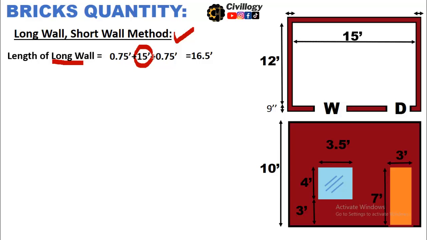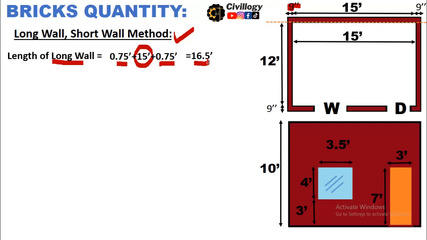So this is the length of the room, and if we add the thickness of the wall on both sides, as the thickness of the wall is 9 inches, by converting it into feet it becomes 0.75, adding on both sides. So the total length of the long wall will be equal to 16.5 feet.